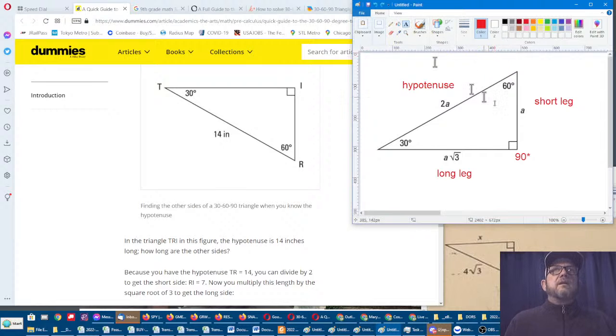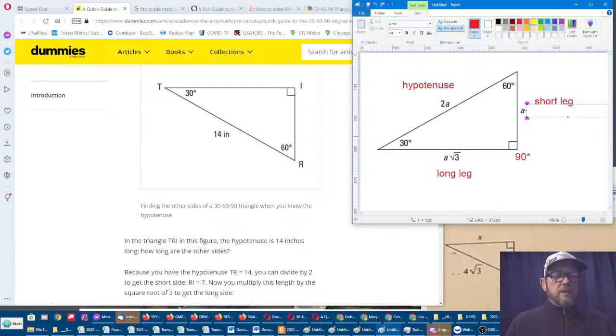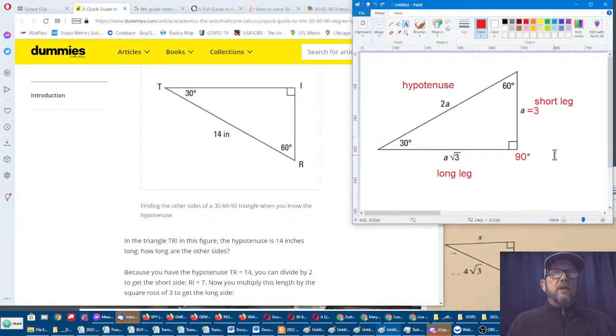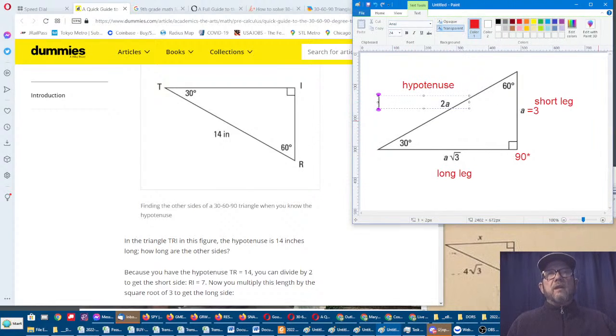So let's say A equals 3. So over here, the formula is 2 times 3 equals 6. Or you can make it A times 2, which means A is 3, doubled equals 6.